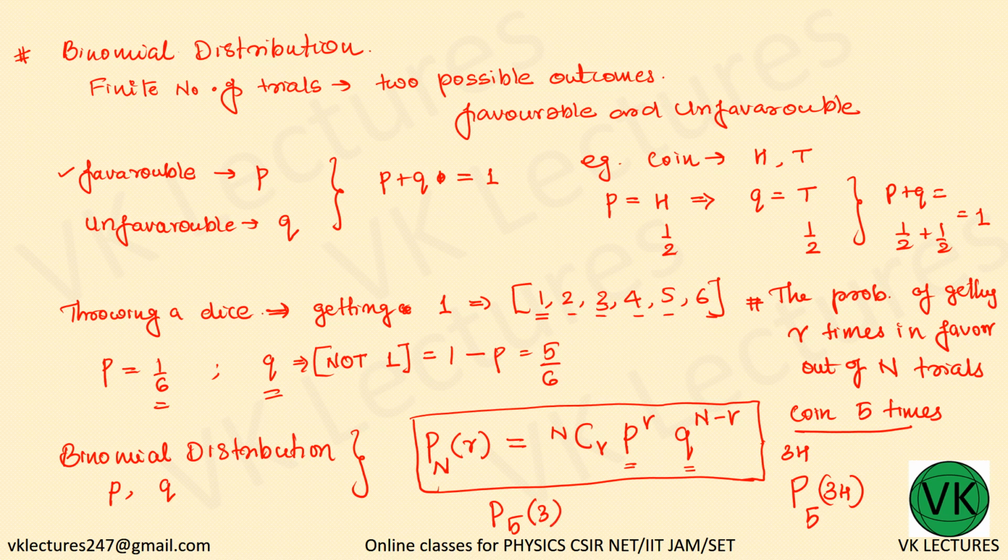Substitute all the values: n is equal to 5, r is equal to 3, P is 1 by 2 since it is a coin, and Q is again 1 by 2. This is just an example.